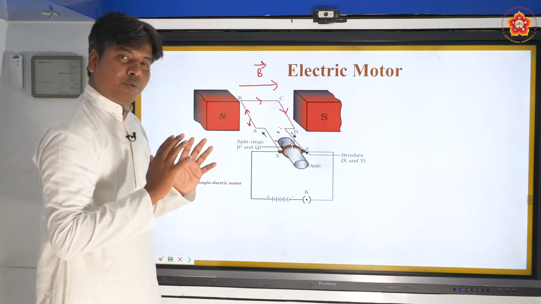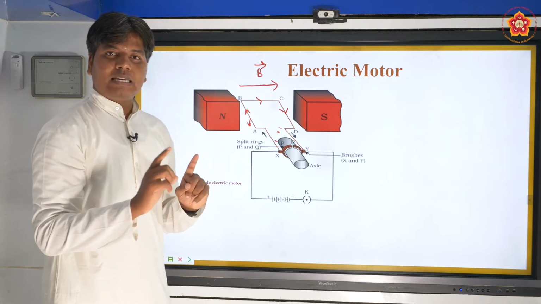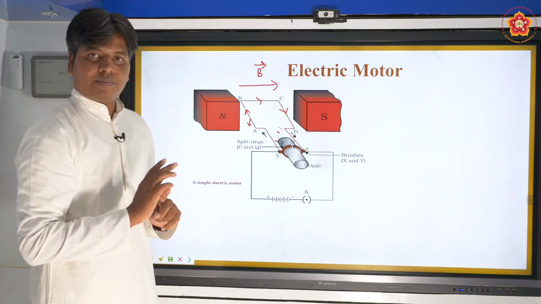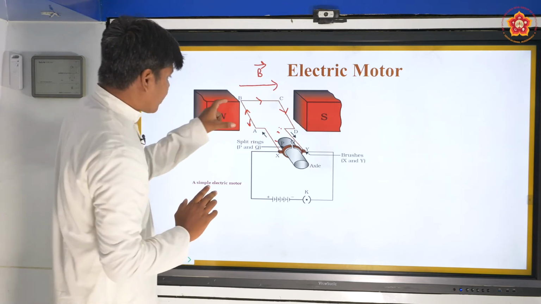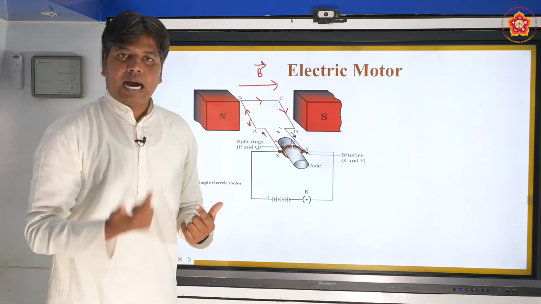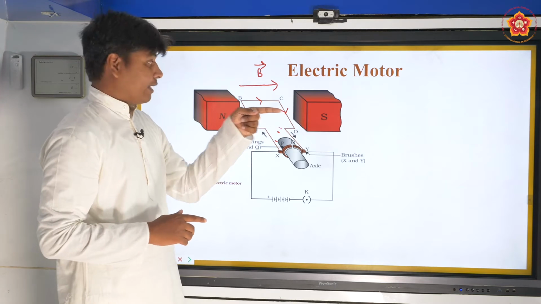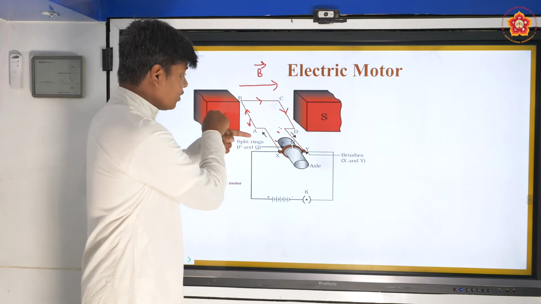Now what change do you expect here? The only change you expect here is the direction of force. The direction of force on AB is downwards, so the direction of force on CD should intuitively be upwards, right? Let us cross check it. The direction of magnetic field is from north to south.